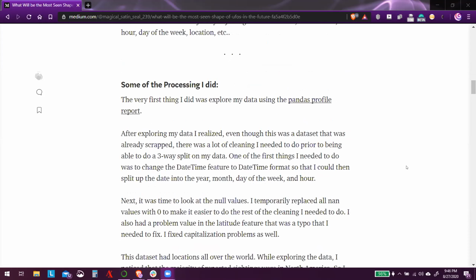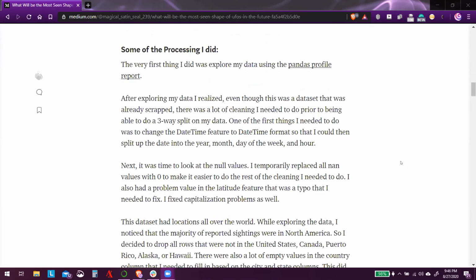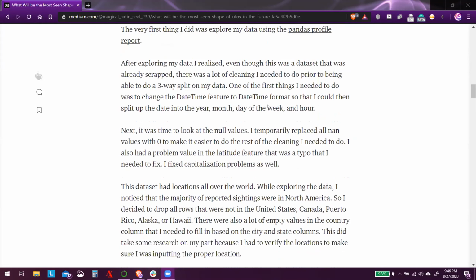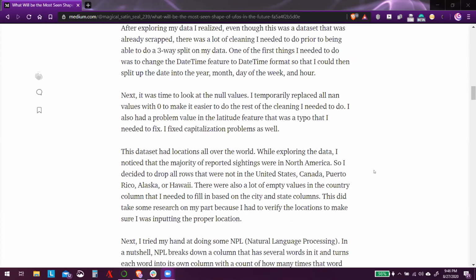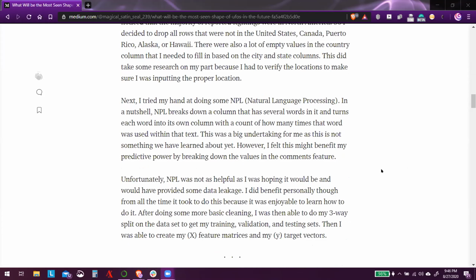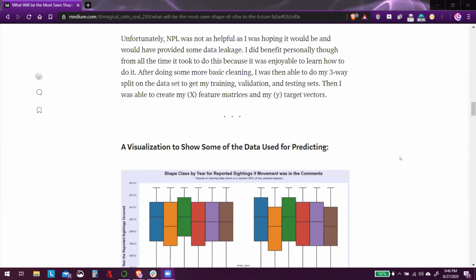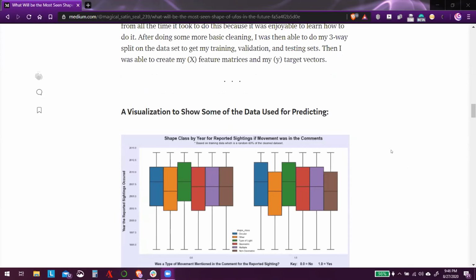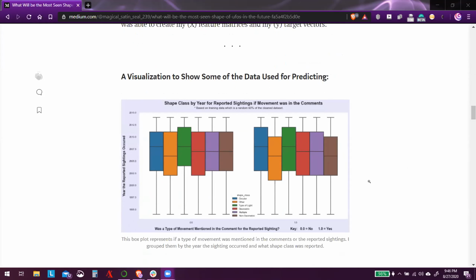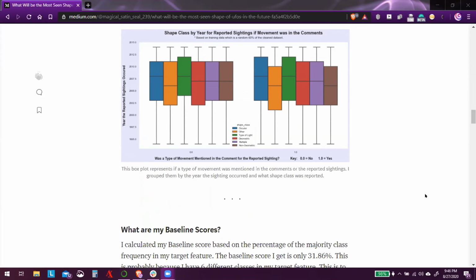And then I did some exploratory data analysis and some processing, and I'm not going to go into depth over all that because of time constraints, but it's all on my blog. And then I just did a little visualization to show some of the data that I used for predicting on.